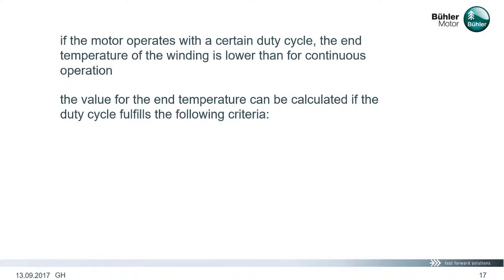The value for the cycle-based end temperature can be calculated if the duty cycle fulfills the following criteria: on time is less or equal off time, and on time is less or equal the thermal time constant tau th.